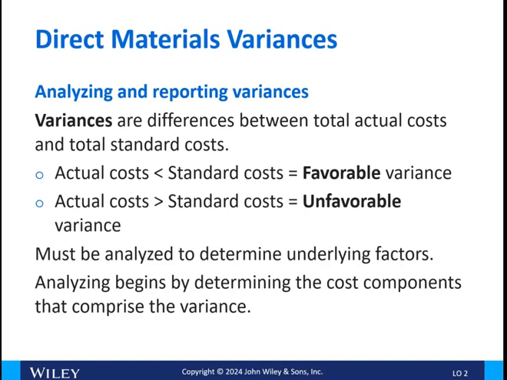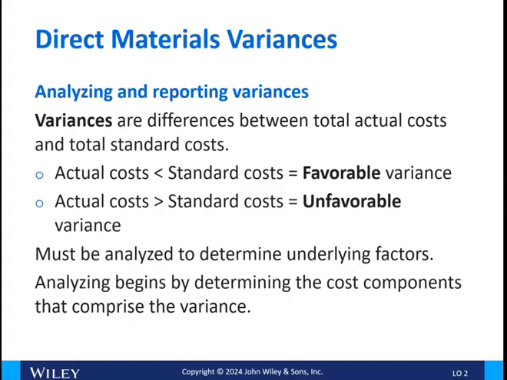So if our actual costs are less than our standards, we have a favorable variance. If our actual costs are higher than our standards, we have an unfavorable variance. So they must be analyzed to determine the underlying factors to try and understand that.